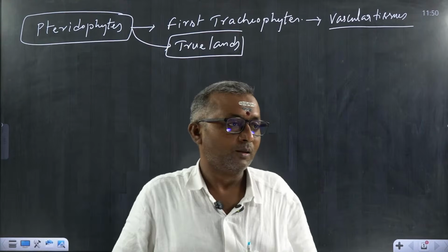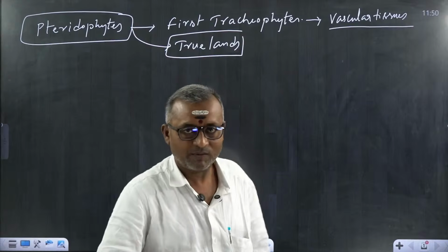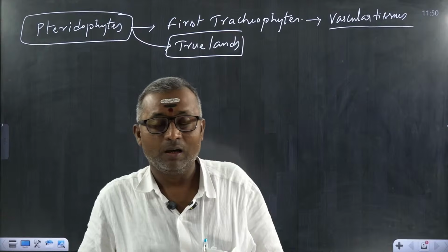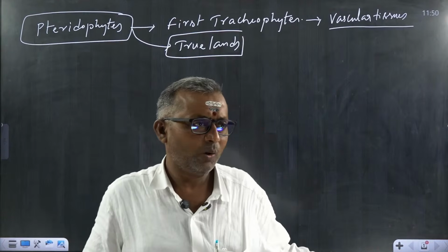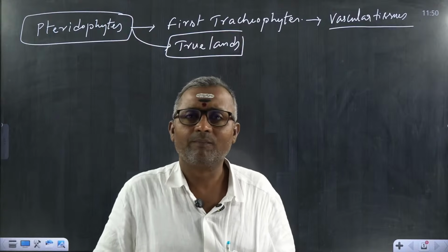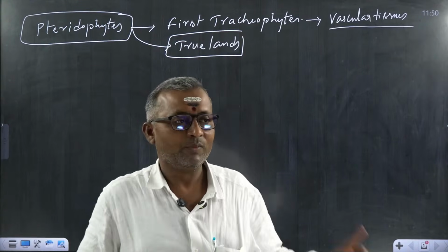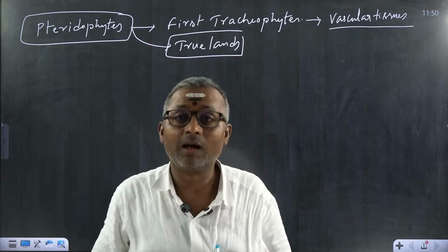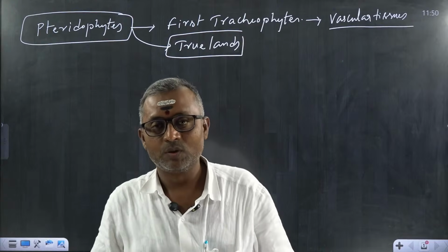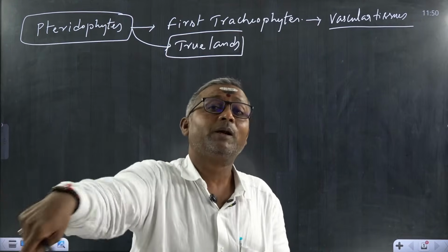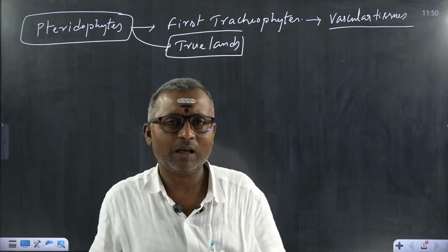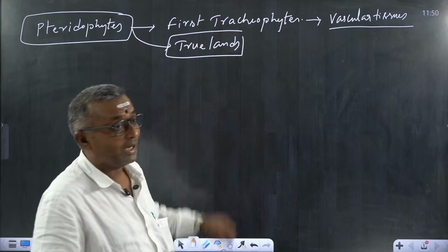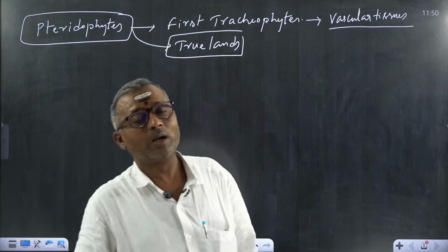Why? Because in pteridophytes, mechanical tissues are formed, whereas in bryophytes, the plant body is composed of only parenchyma. But in pteridophytes, you can see mechanical tissues like sclerenchyma, and parenchyma is also there. Sclerenchyma and parenchyma are different types of tissues, so don't get confused. So they are well adapted to the land habit. That's why they are called true land plants.